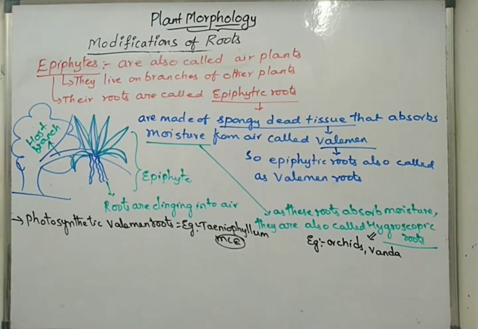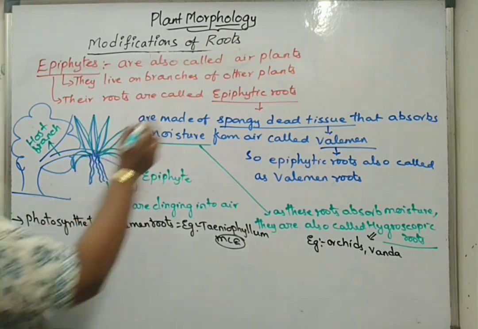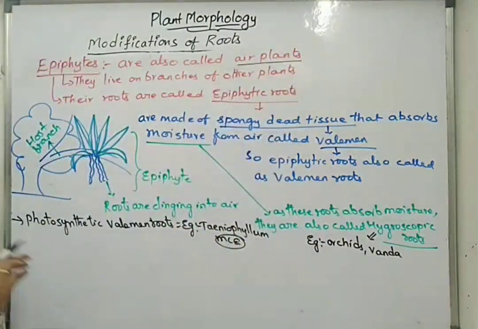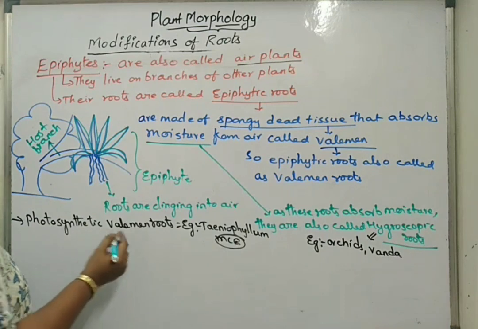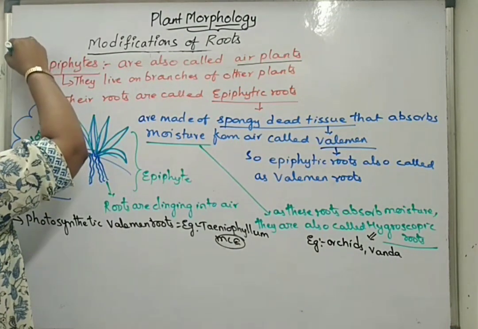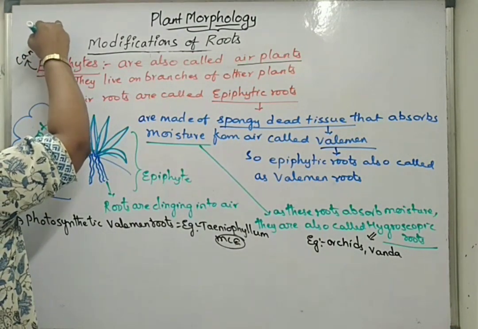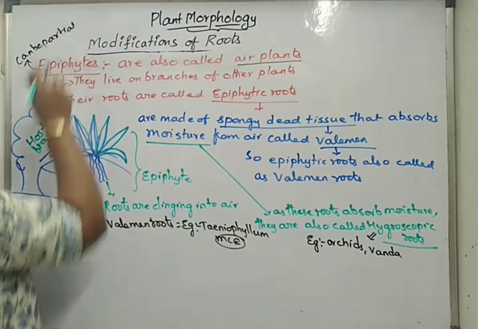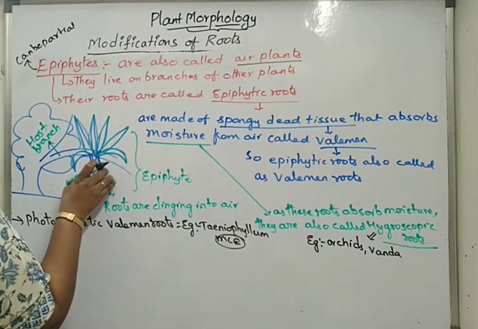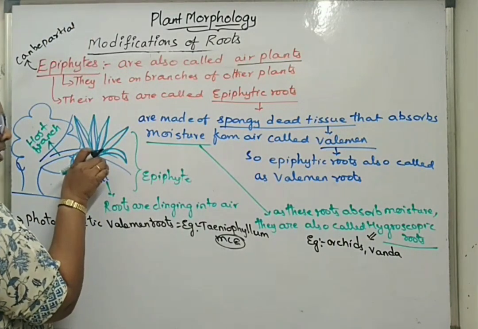Important MCQ, Taeniophyllum. So these are also called air plants. So these are some type of nutrient absorbing from the host plant. So a little bit of partial parasites, like epiphytes can be partial parasites because they are absorbing moisture from the air and a little bit of nutrients from the host plant.